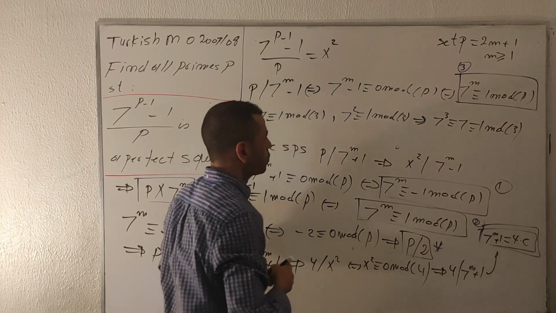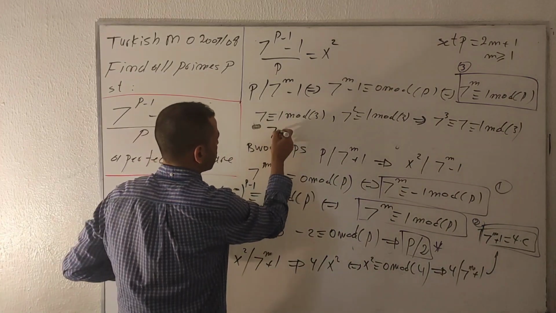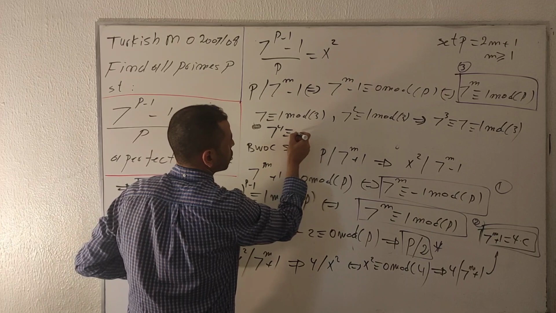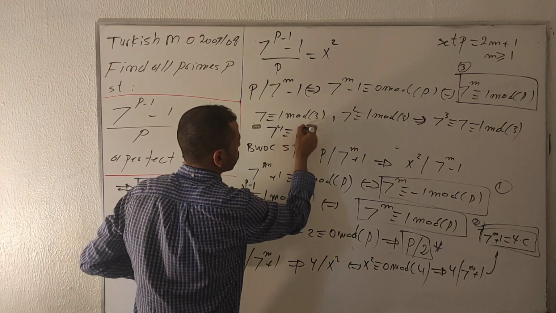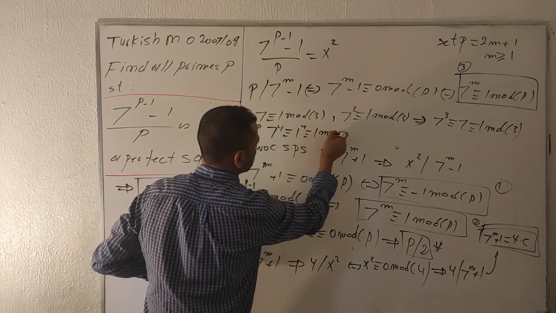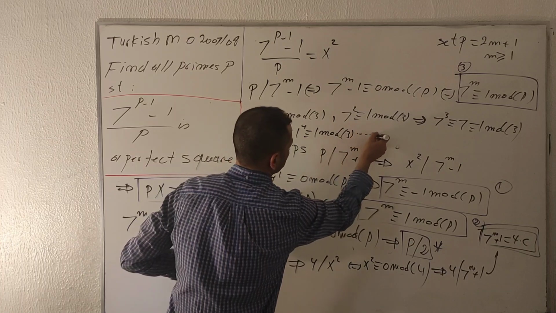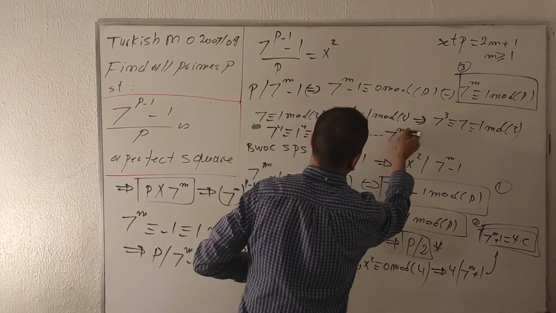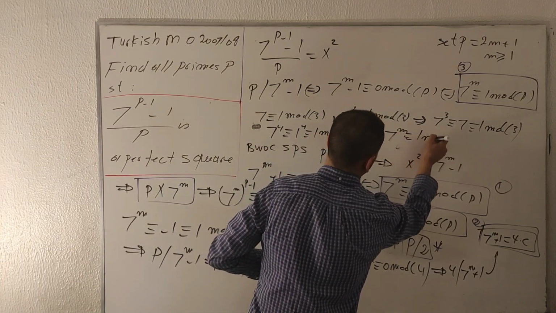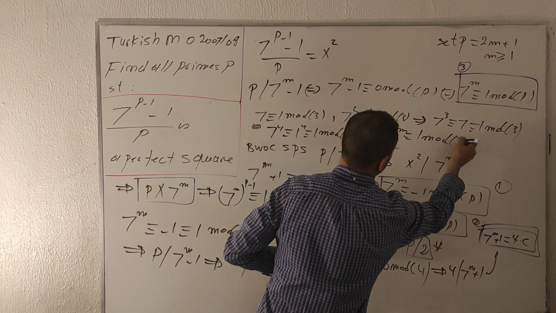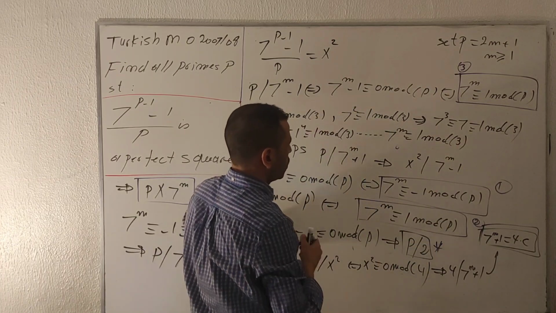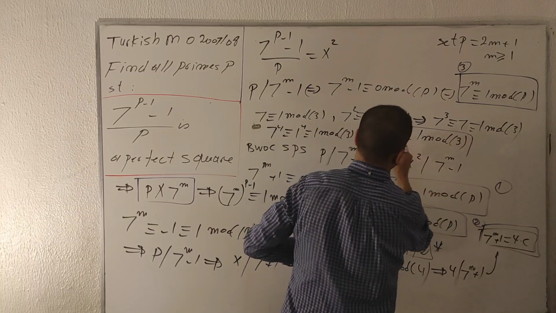The same thing here: 7 to the 4 is congruent to 1 to the 4th, which is congruent to 1 mod 3. This one is going all the way down to 7 to the m is congruent to 1 mod 3.